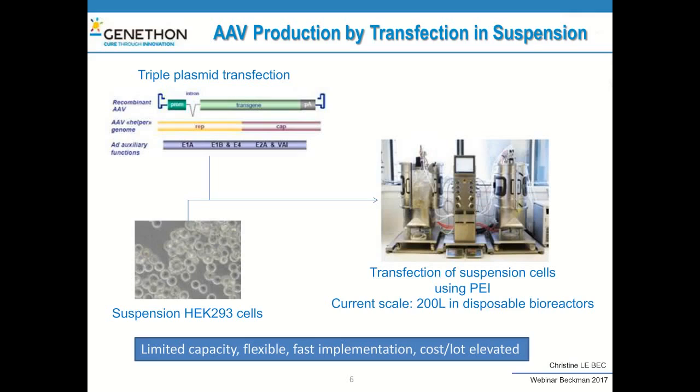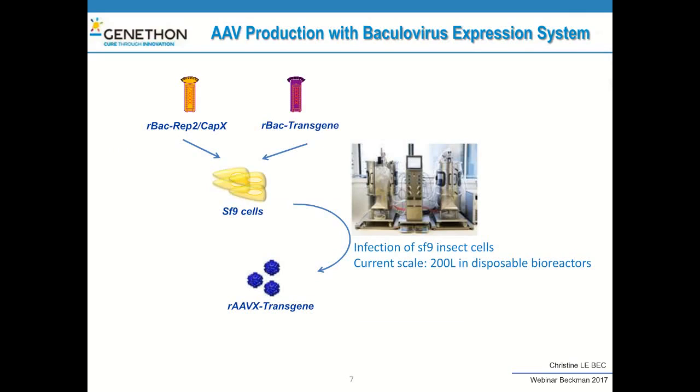And for large-scale production, instead of using this process, we use another process based on Baculovirus, with a dual Baculovirus expression system. You need one Baculovirus coding for the rep and cap genes necessary for making the AAV vector, and the other coding for the transgene. You infect insect cells, Sf9, in bioreactors.